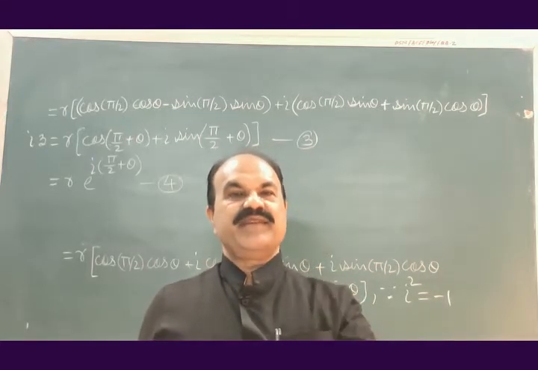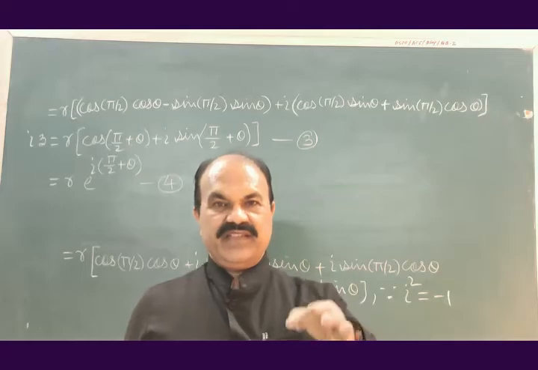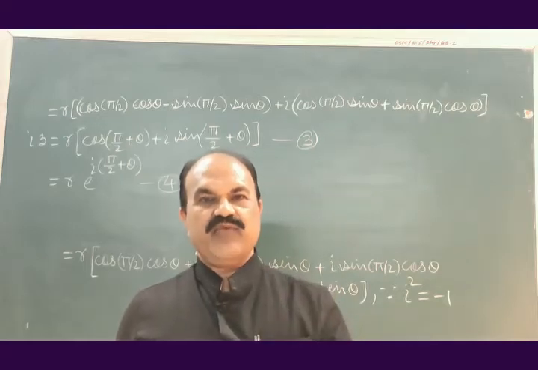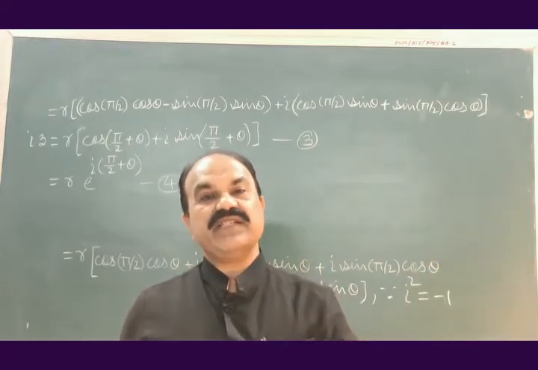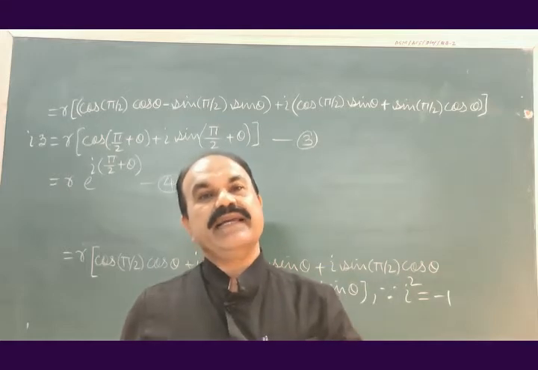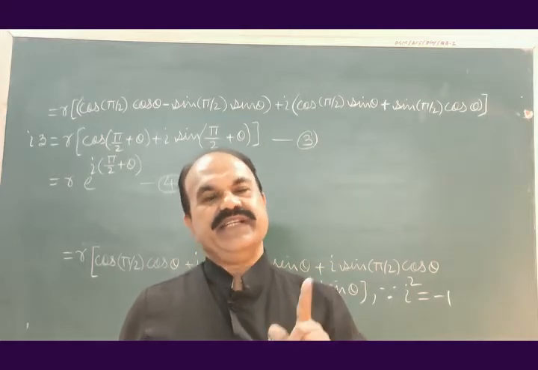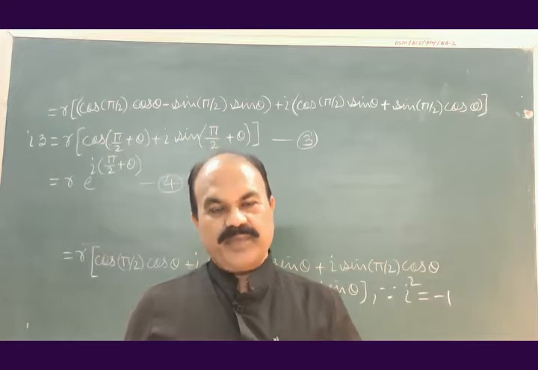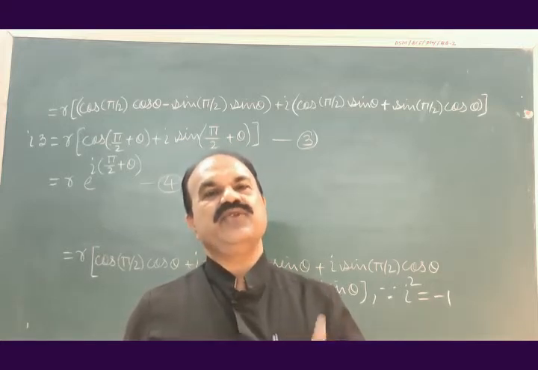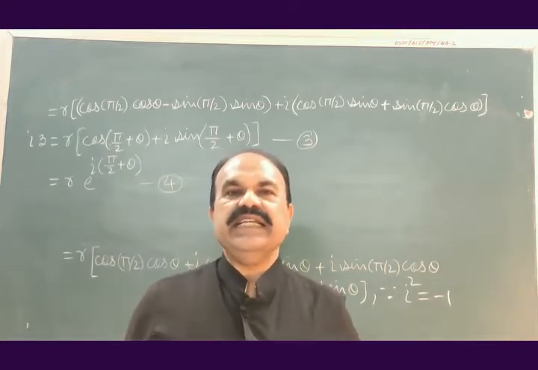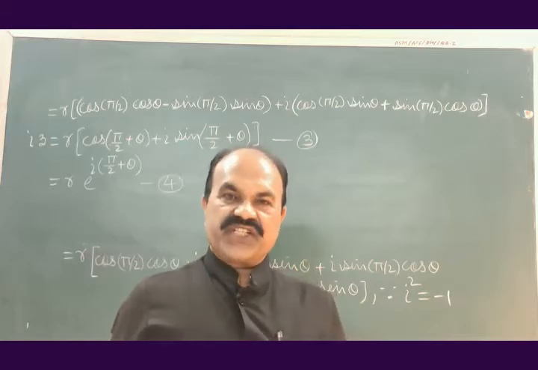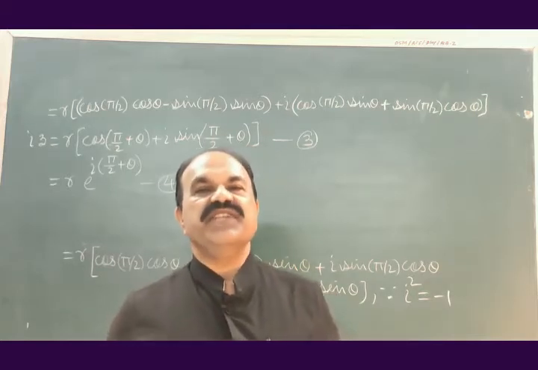So whenever a complex number z is multiplied with imaginary term i, we get the same complex number, but that complex number gets rotated through an angle of 90 degrees in the positive direction or in the anti-clockwise direction.